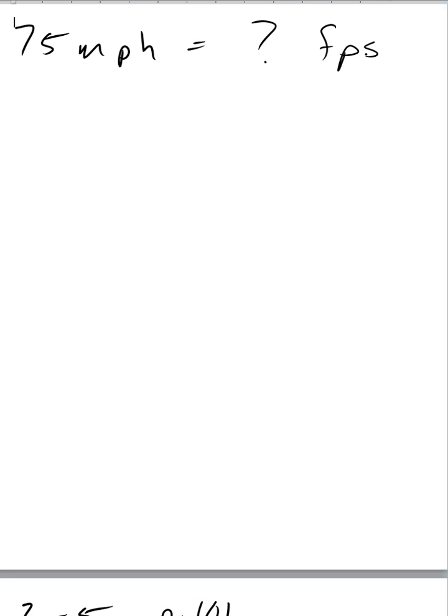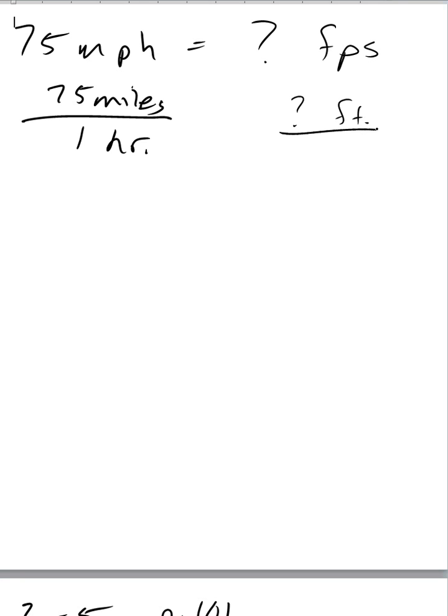What we want to do, first of all, is note that per hour really means it's a division problem. So this is really 75 miles per 1 hour. That's what that would look like. And you still want to know how many feet per second that is. So we have to convert miles per hour to feet per second. I'm going to have to write a little bit smaller here.